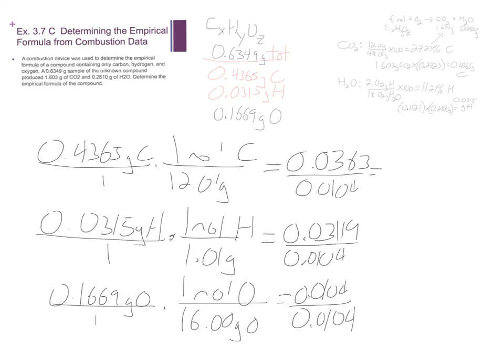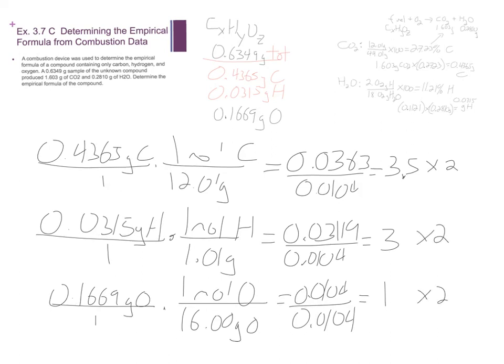And we get 3.5 carbons, so that's not a whole number yet. We'll deal with that in a minute. We get 3 hydrogens and 1 oxygen. So this isn't quite done yet. 3.5, you can't have a subscript of halves. So we need to keep them in this proportion, but we need them to all be whole numbers. We haven't had to deal with this in other problems yet, but we can simply double all of these values as the last step.